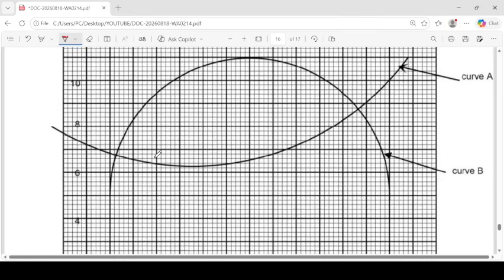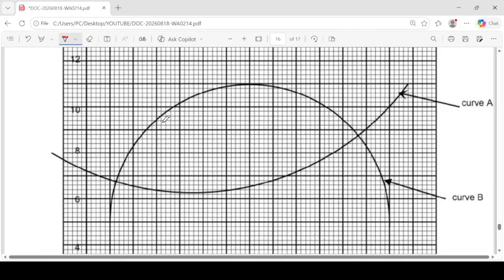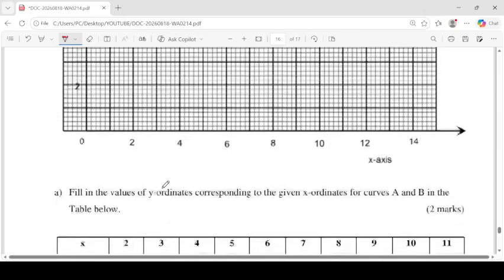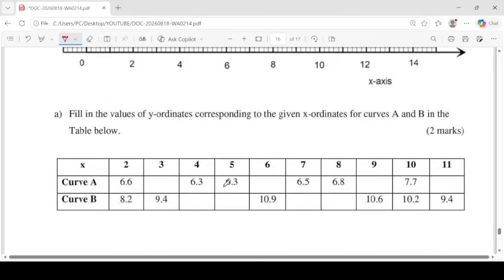Curve A should be reading 6.4. Yes, it should be at 6.4.